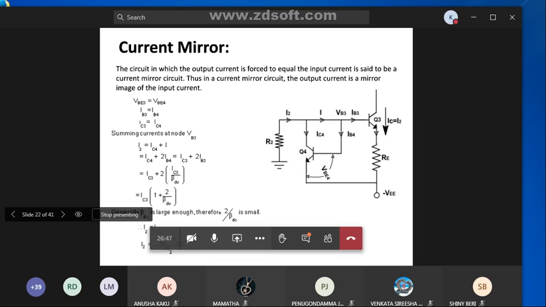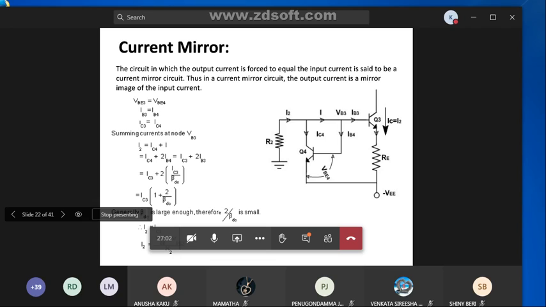So I2 equal to IC4 plus 2 IB4, that is equal to IC3 plus 2 IB3. Why? Because these two currents are equal, IC3 equal to IC4 and IB3 equal to IB4, right?